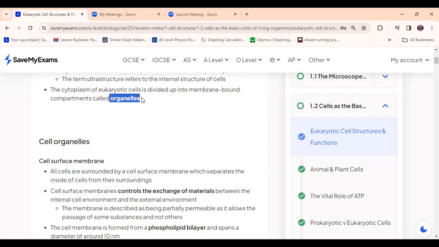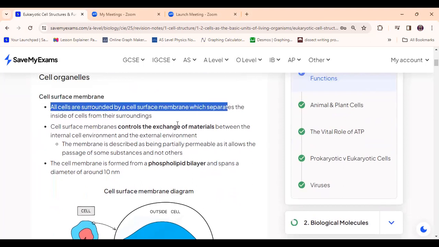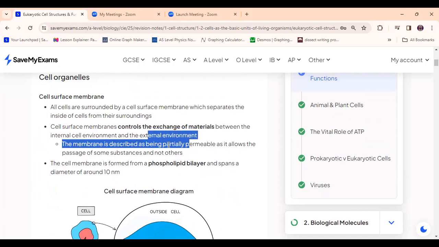Organelles are like small organs which are found within the cells. Now, cell organelles, we are going to be rushing through all these quickly. So we've got firstly the cell surface membrane. All cells are surrounded by a cell surface membrane, which creates a barrier between the external and the internal environment.